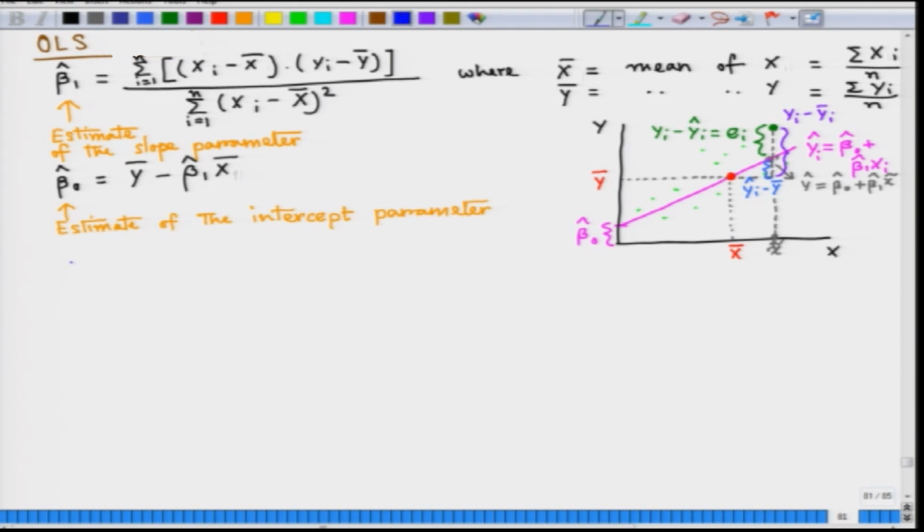The first concept is the total sum of squares, abbreviated as TSS.